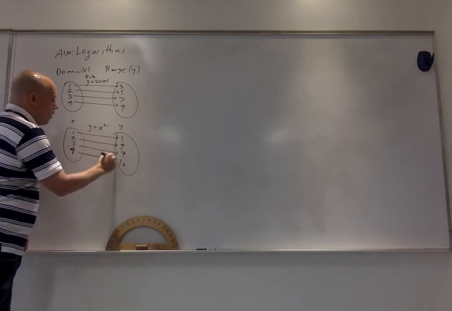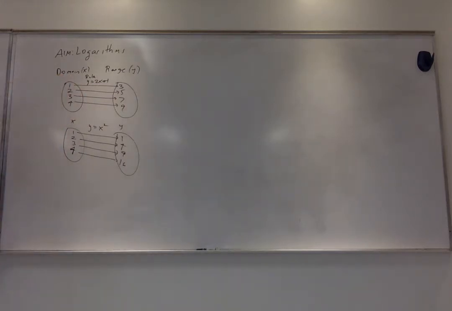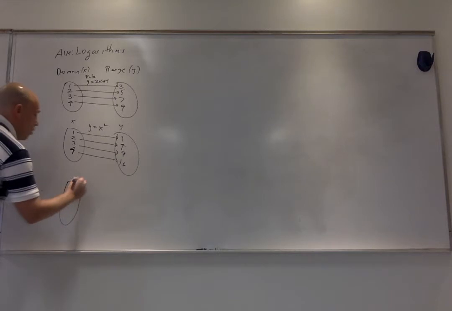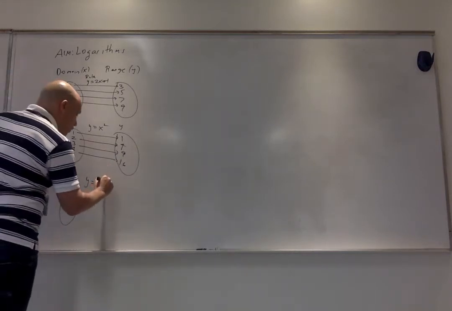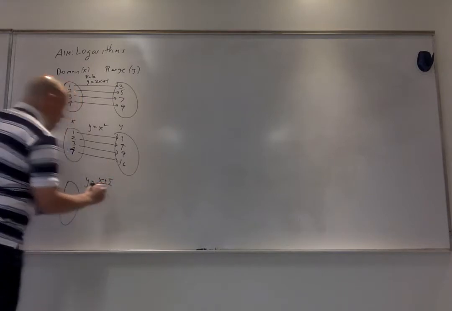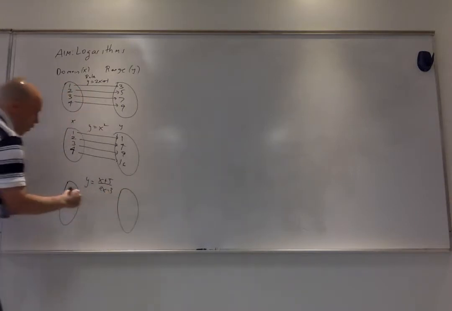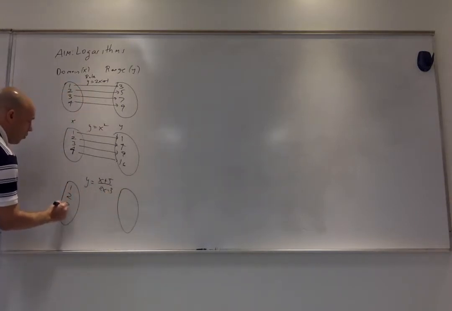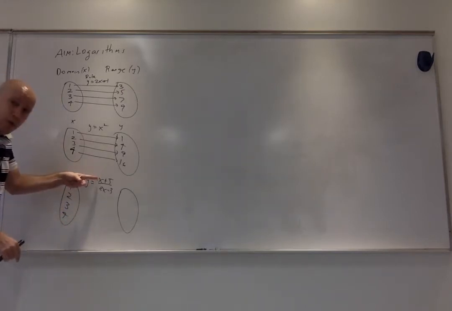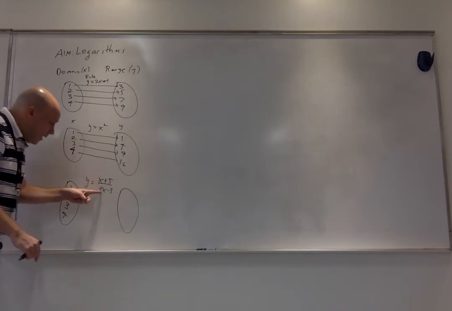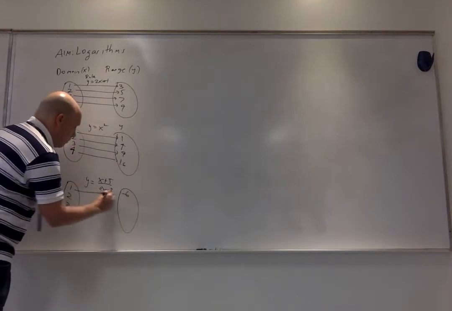Sometimes the rules were really basic, and other times a little more advanced. For example, you might get the rule y equals x plus 5 over 2x minus 3. You started with your 1, 2, 3, 4 and plugged the numbers in. For 1, the numerator is 1 plus 5, that's 6. In the denominator, it's 2 minus 3, negative 1, so it goes to negative 6.